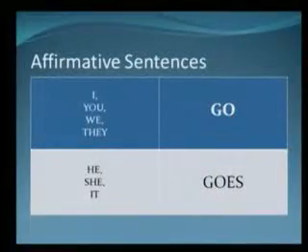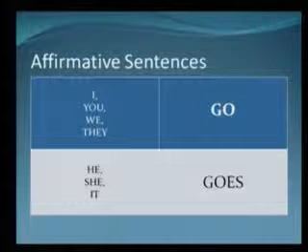Now instead of this word go, we can also have many other verbs like play, run, walk, talk, etc. I and you, we, they, that is first and second person, will have only the verb, that is I play, you play, we play, etc. But if we talk about the third person, he plays.